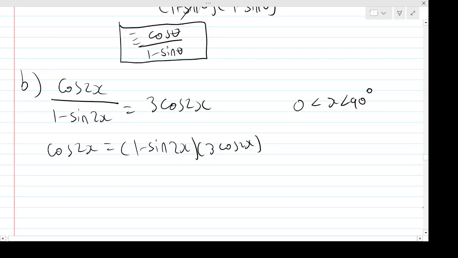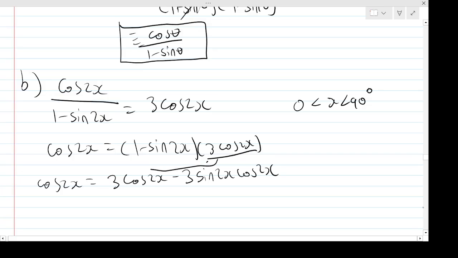If I expand that out, I get cos 2x is 3 cos 2x minus 3 sine 2x cos 2x. It's quite a weird bracket, but I just multiplied 3 cos 2x firstly by 1 and then by minus sine 2x, and that's what I got.